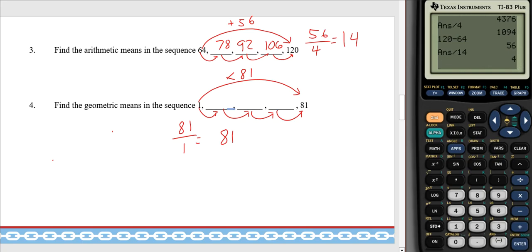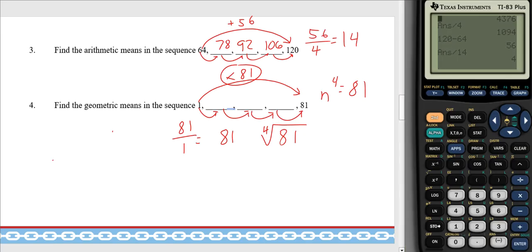Since there are 4 jumps, I am going to take the 4th root of 81. Because this is multiplication, I want to know what number to the 4th power is equal to 81. That will give me that common ratio. Probably should have used an r instead of n, but common ratio to the 4th power would be 81.